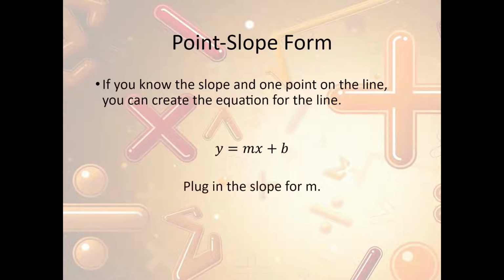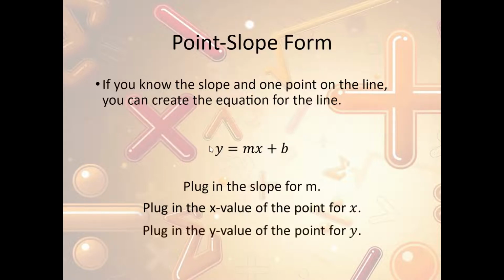Whatever slope is given to us, we plug that in for m. We plug in the x value of the coordinate, and the y coordinate here, and now we're left with only one variable, which is b, and we can solve for b and get the y-intercept.